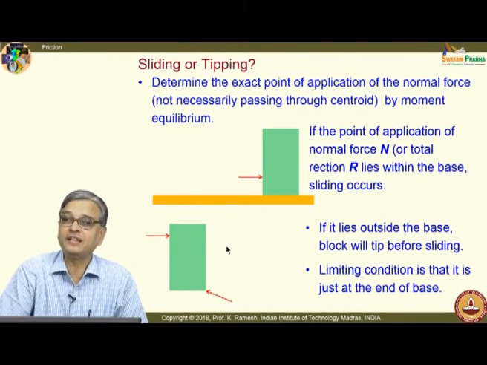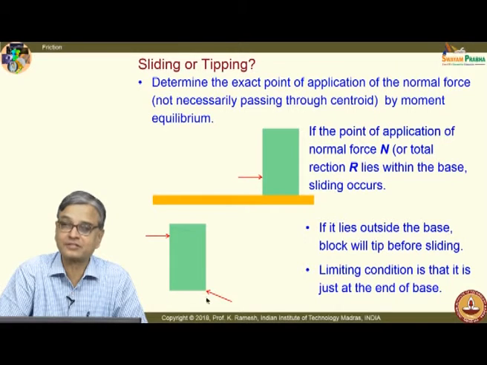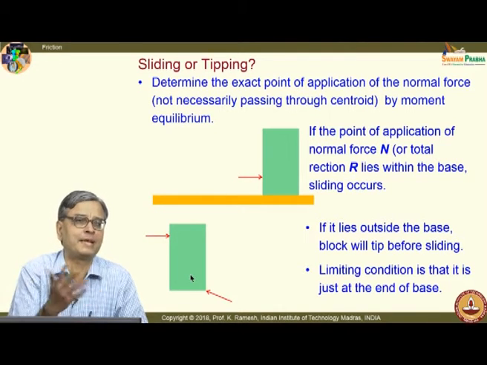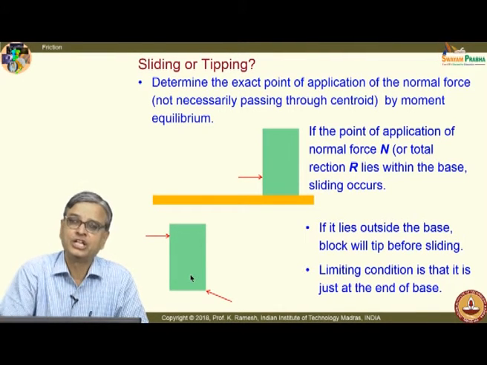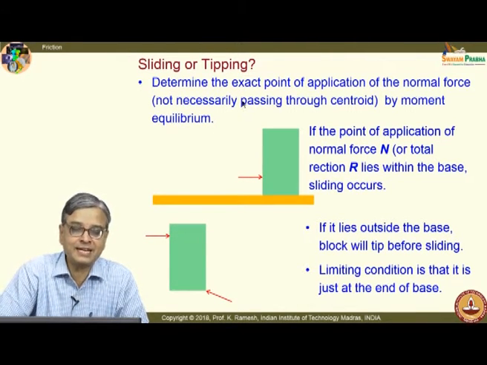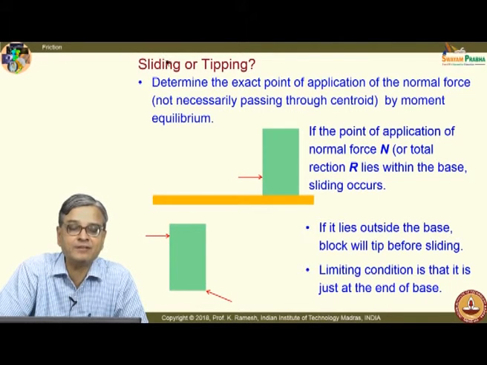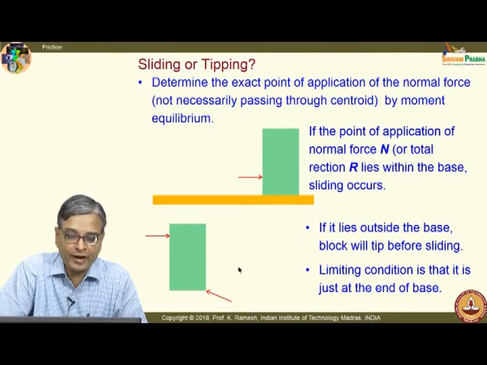one way of doing it is you put the reaction force here and then find out what should be the force or what should be the weight. Problems can be coined in multiple ways, fine. So, if you want to mathematically investigate whether sliding will proceed or tipping will proceed, you will have to find out what is the location of the reaction force.